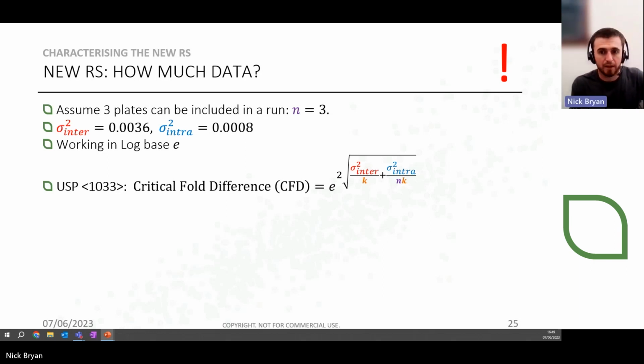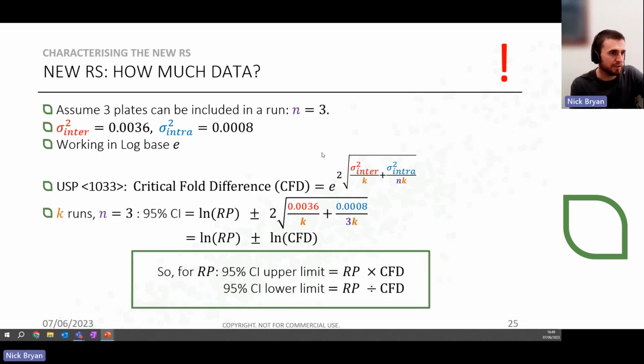We could replace this value of 2 with a t-distribution with the correct number of degrees of freedom, but USP recommend this approximation, so that's what we're going to use. So this gives us our critical fold difference, which is related to that half width of our confidence interval. And we can then use this to calculate our 95% confidence interval around our log relative potency estimate.